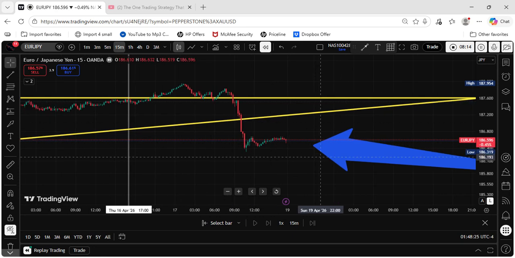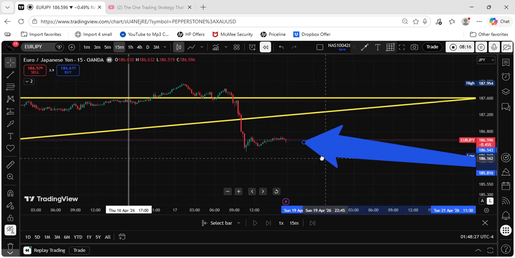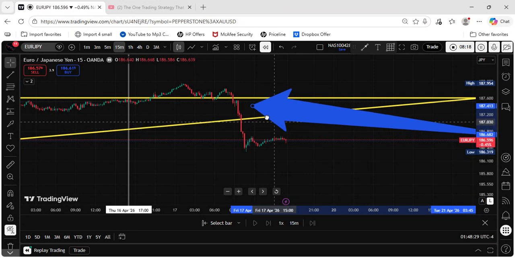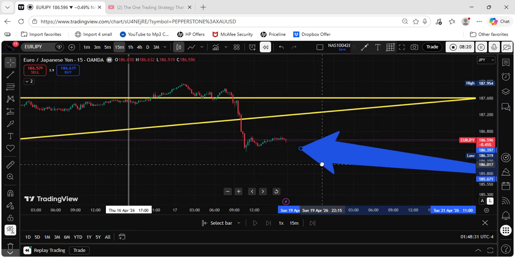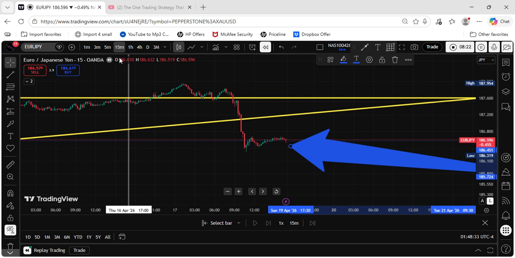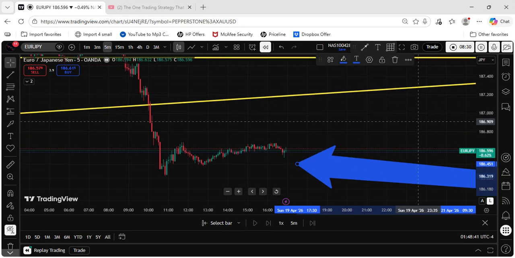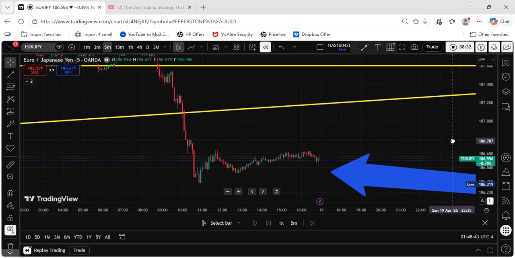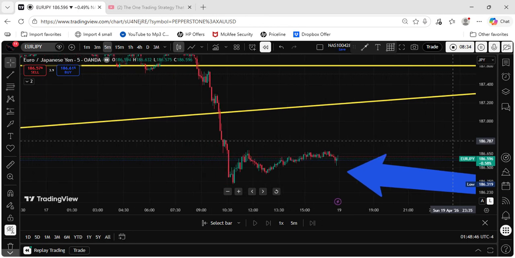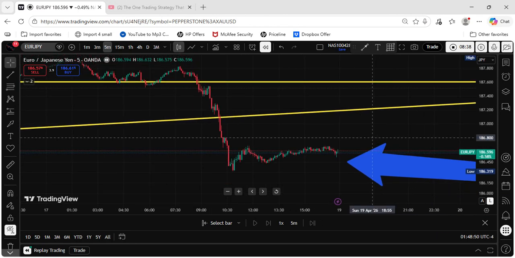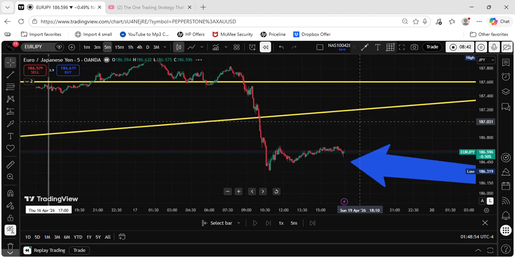I see on the 15-minute, that would have been definitely a good entry coming from the higher time frame. So now on the 5 minute, now we're on the 5 minute, we have our break, right?